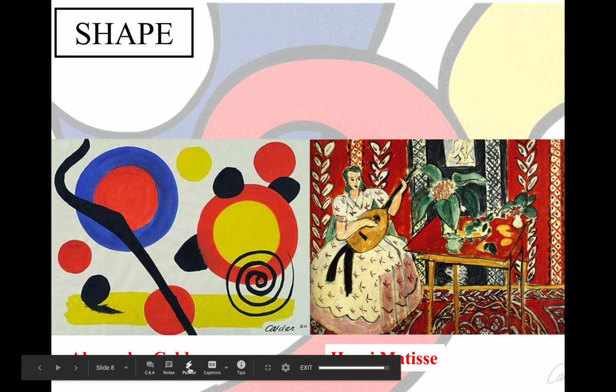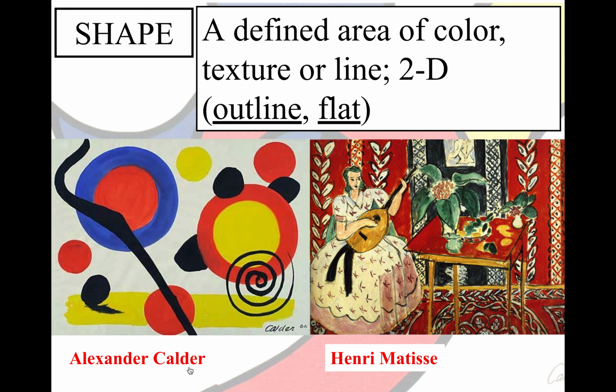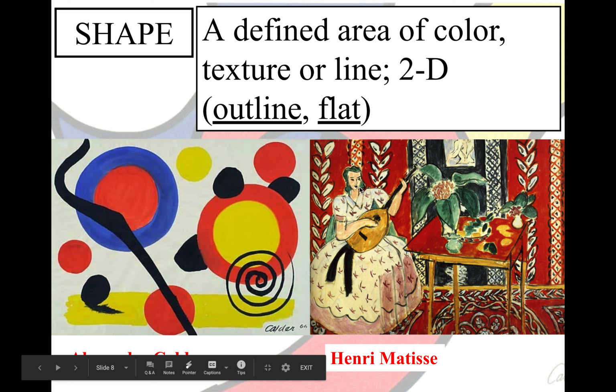Okay, by definition, a shape is a defined area of color, or a defined area of texture, or a defined area made from a line. So basically, it's the outline of an object or the flatness of an object. It does not have any dimension. Doesn't have any thickness to it. It is strictly 2D, two-dimensional. 2D means two-dimensional.